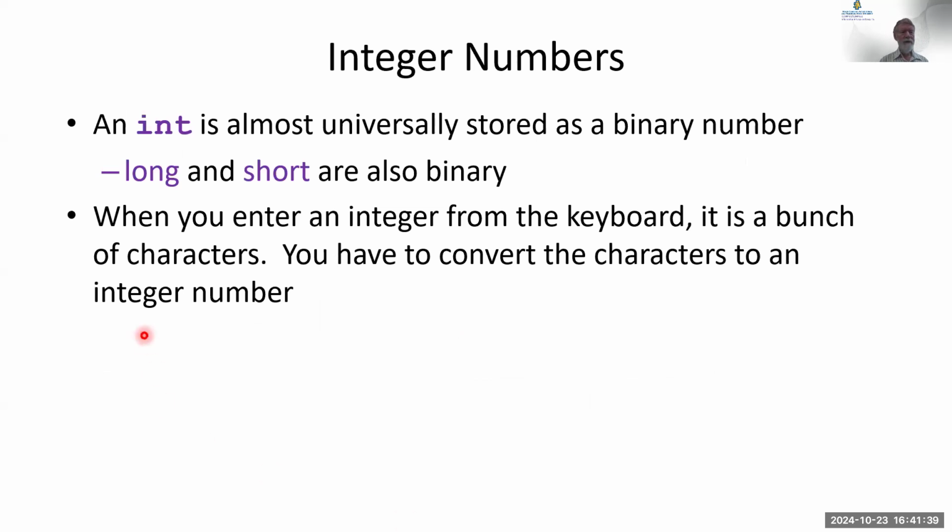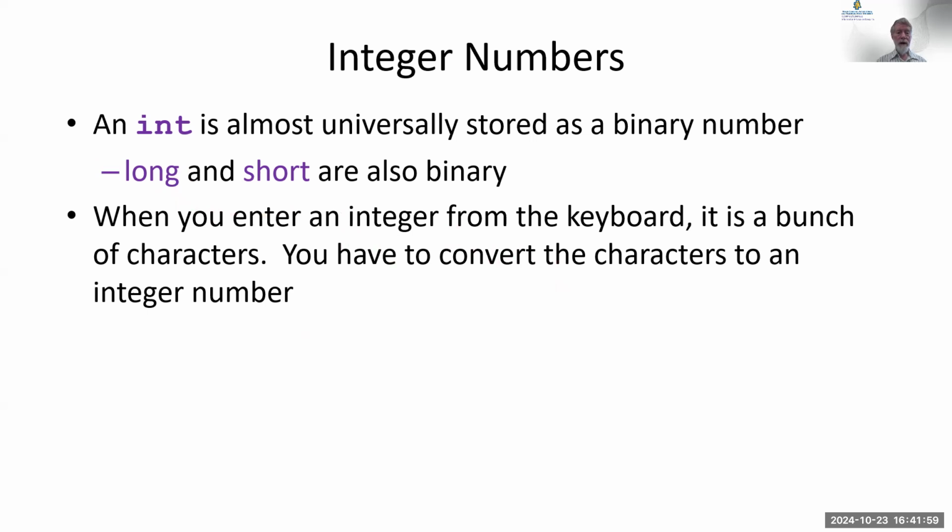There's also longs, which are longer than an int, and shorts, which are shorter. Or at least in the C standard, it says shorts are not longer than an int, and longs are not shorter than an int. They could all be the same size. So it depends on how big they are.